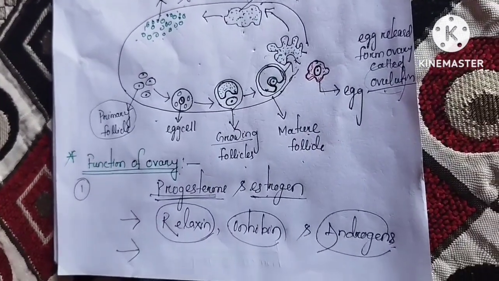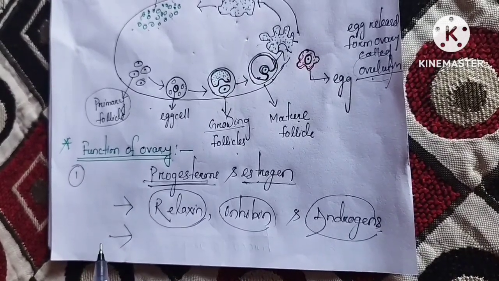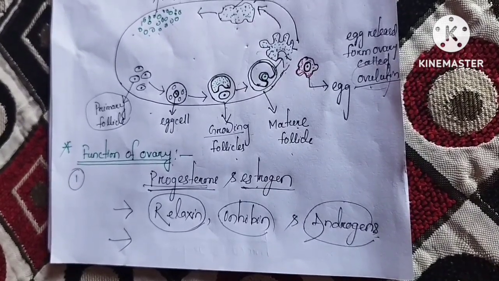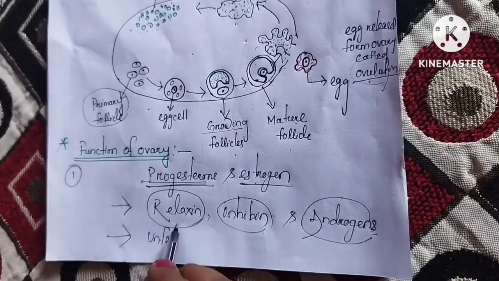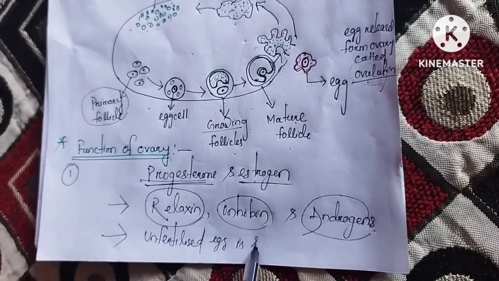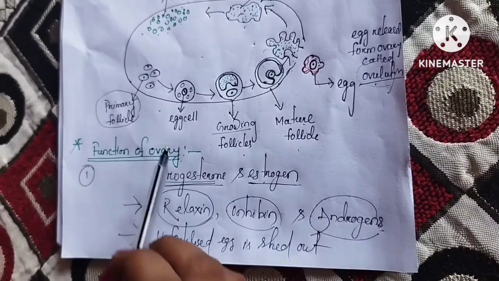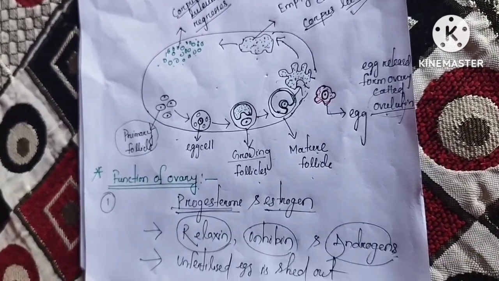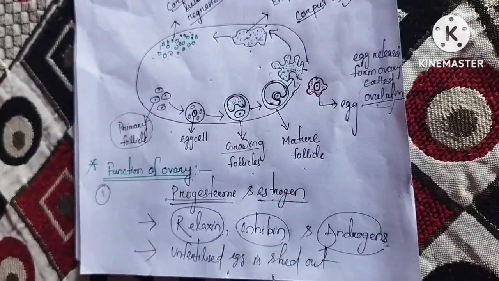Another function of the ovary is that it governs the menstruation process, by which the unfertilized egg or unfertilized ovum is shed out.